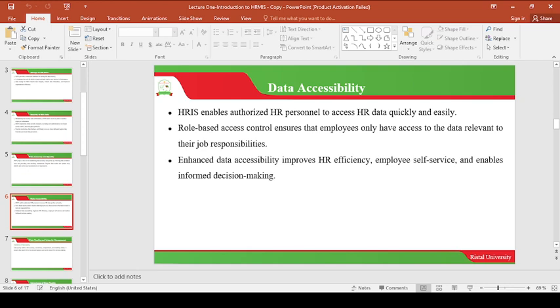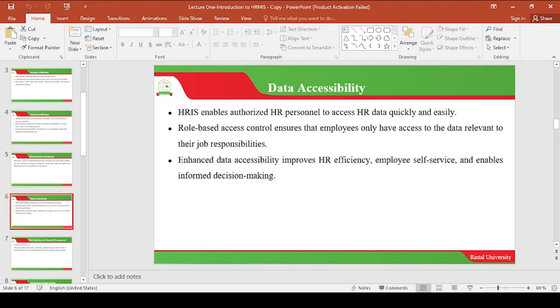And even for the employees themselves, it's very easy to access their information. The next one is role-based access control, which ensures that employees only have access to data relevant to their job responsibility. This is very important to ensure that an employee does not have access to the records of others. Otherwise, confidential or highly sensitive information could easily be accessed by all employees.